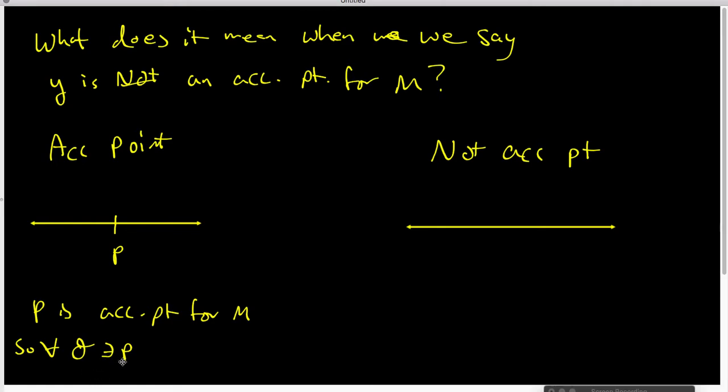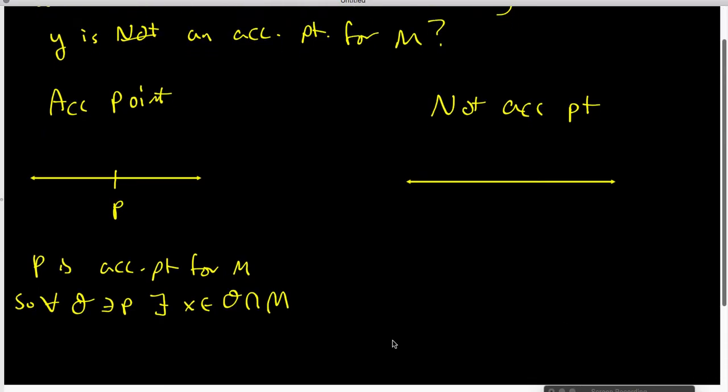So for every open interval containing P, there exists an X inside O intersect M. In other words, this puts X inside M and O, and X is not equal to P. So if I draw an open interval, there is somebody inside this interval that is in M, and that guy is not equal to P, so there's space there.